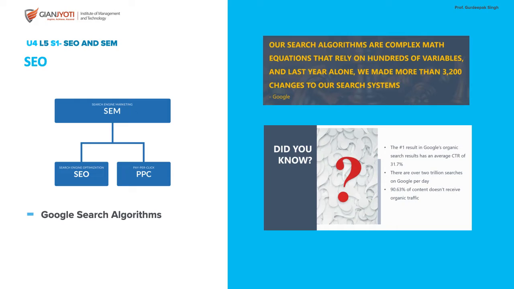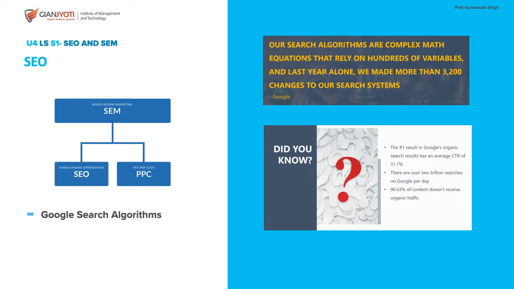Just to give you some idea, the number one result in the search engine results page, SERPs, the results that we get on the search engine page, in Google's organic search results has an average CTR of 31.7%. What that means is CTR is click-through rate.